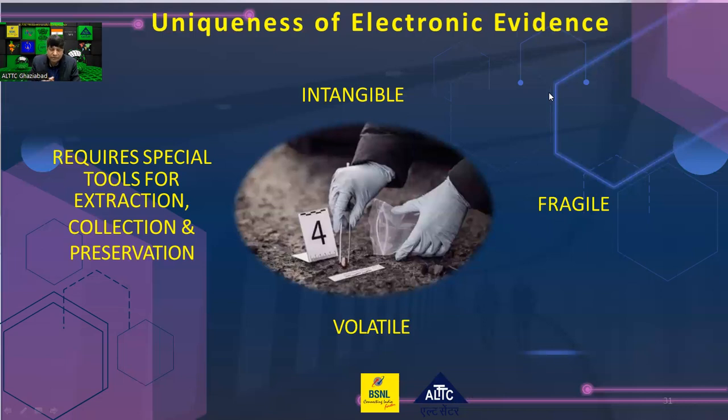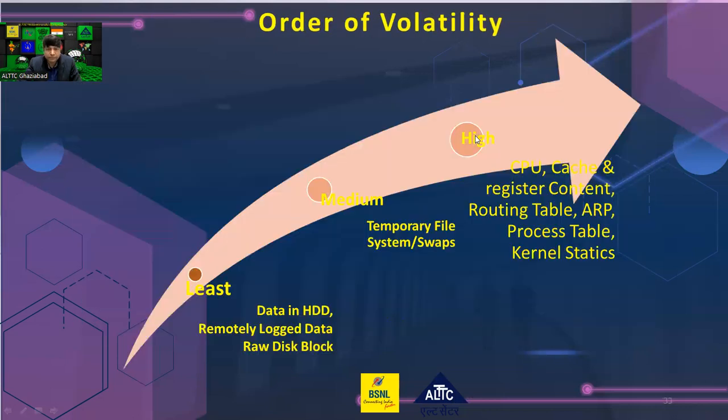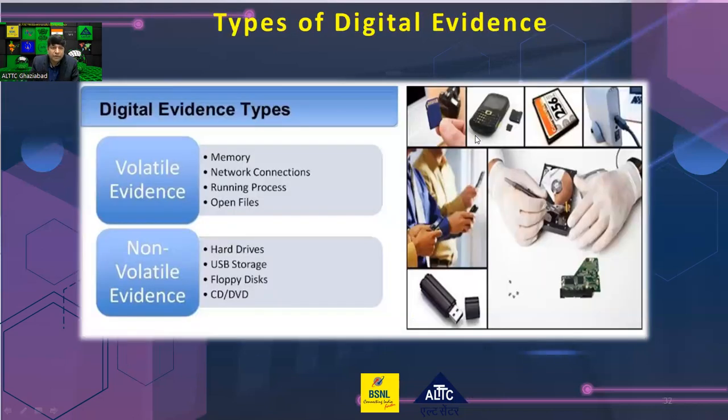So this is the basic nature of electronic evidence. Now for digital evidence, for example, volatile evidence includes memory, network connections, running processes, and open files, and non-volatile evidence you can collect includes hard drives, USB storage, floppy disks, CDs, and DVDs.